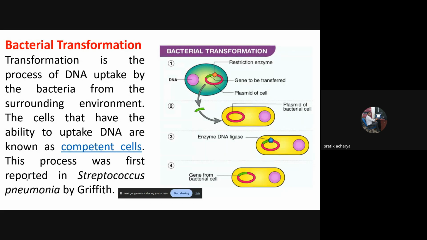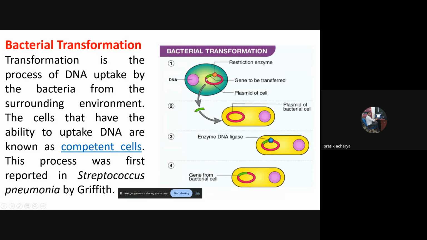So, what is that uptake of DNA? A bacterium picks up free DNA fragments from its surrounding. That is the uptake of DNA. Here, this is the DNA from another organism.